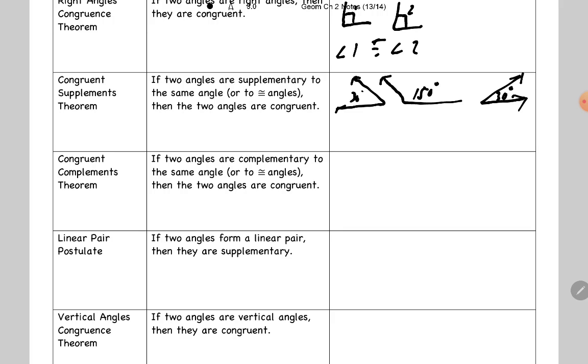If two angles are supplementary to the same angle, let's call them angle 1, angle 2, and angle 3. If angle 1 is supplementary to angle 2, that means they add up to 180. And angle 3 is supplementary to angle 2, that means angle 1 is congruent to angle 3. So if they're both supplementary to the same thing, then they're congruent.